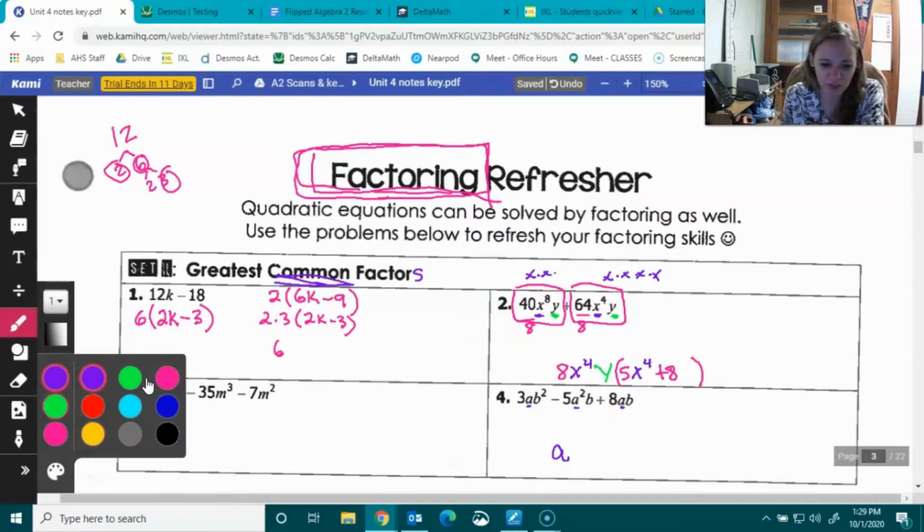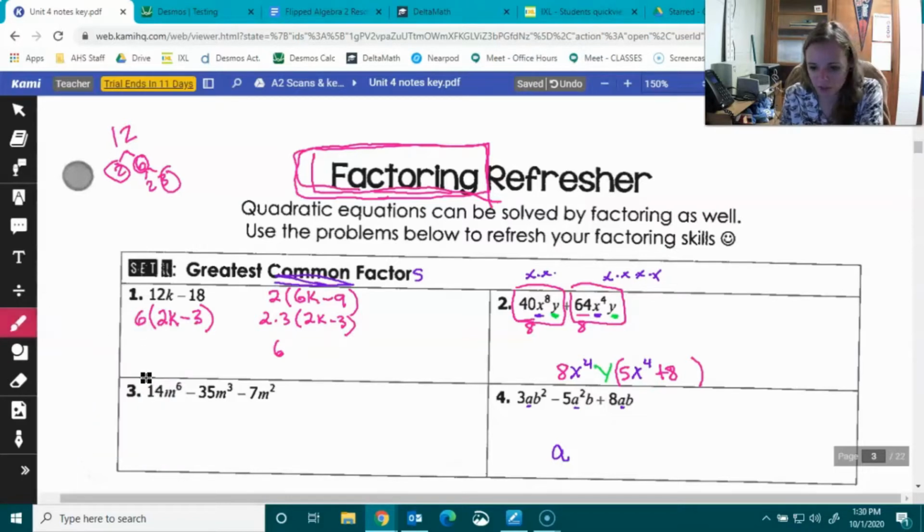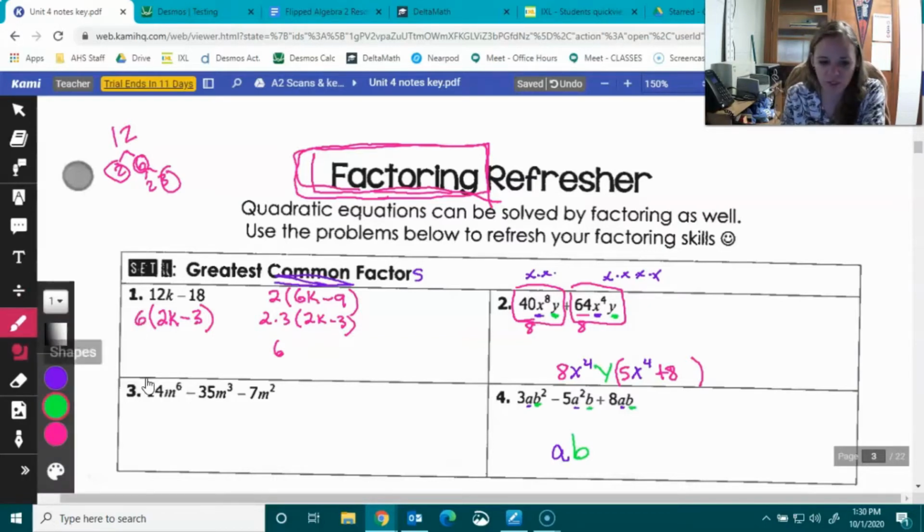And then how many B's do they have each? So this one has 2, this one has 1, and this one has 1. So the lowest number is 1B. Okay, so you would still do it like that, just then when you fill in the result, you just take out 1. These are really 1s.